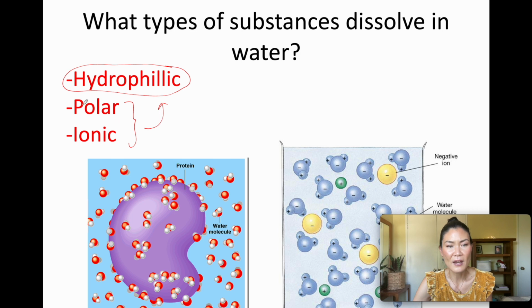Polar molecules have charges on them, and ionic molecules or ions have charges, and they're hydrophilic, so they can mix with water. And when they mix with water, they can be dissolved in water.